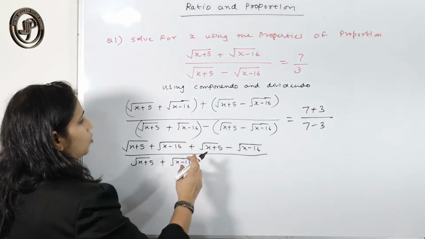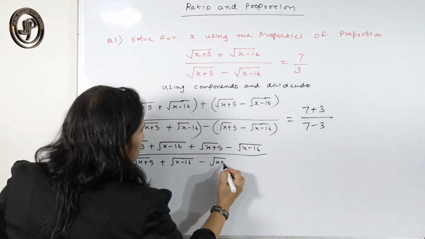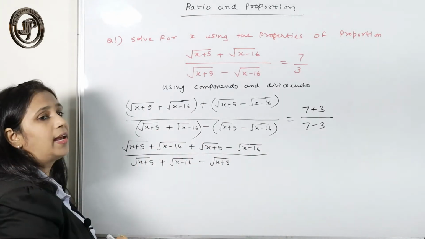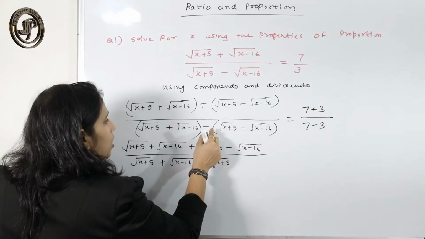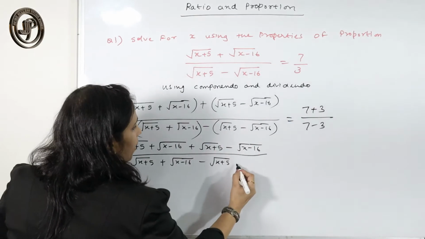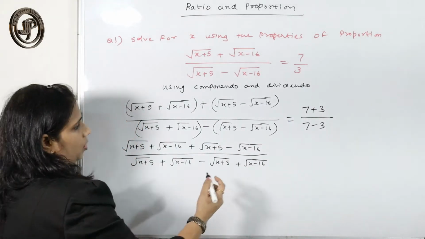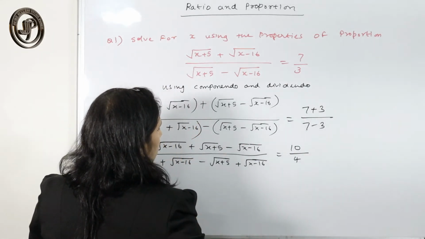But here outside the bracket a negative sign is there, so this becomes negative. Don't make x plus 5 as x minus 5, because this is a single term, and with the sign outside it the sign changes. So here negative becomes positive. Remember this thing only. So, here this becomes 10 upon 4.